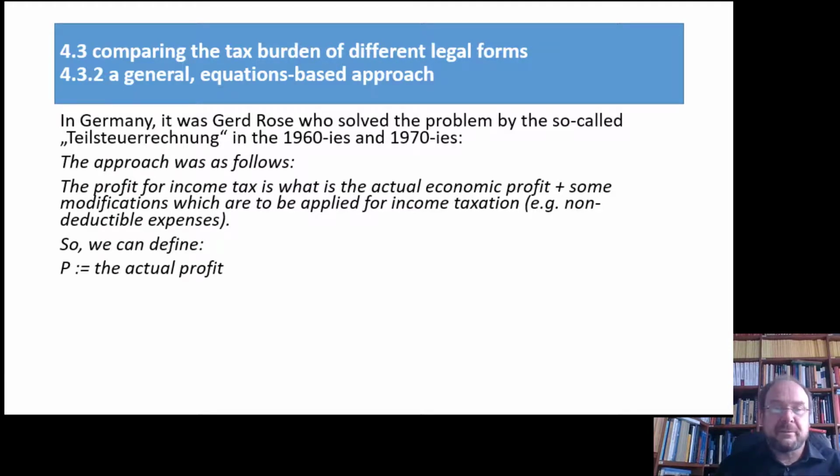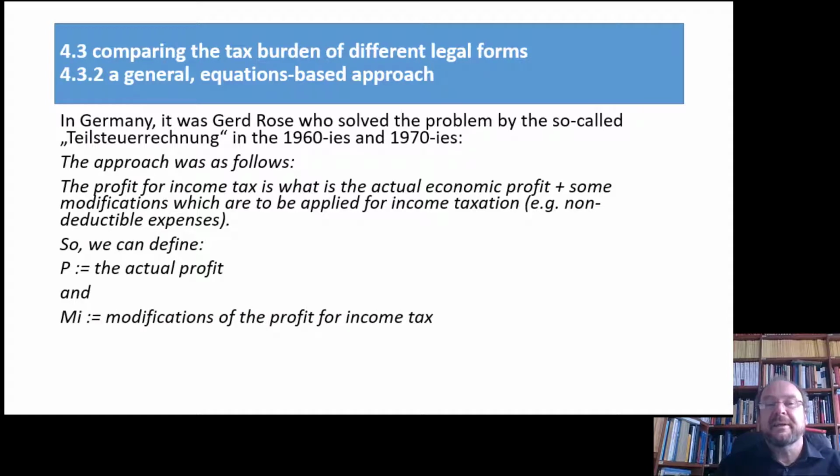the actual profit, economically, is defined as P, and the deviation for tax law is called modifications, and MI is modifications for the purpose of income tax. And so he could just come to a simple equation. The tax base is to be written as profit plus modifications for income tax.